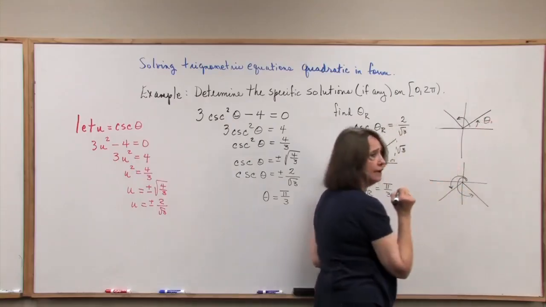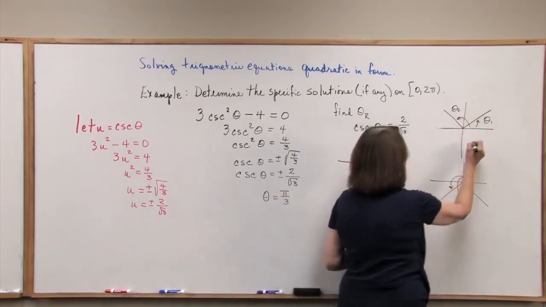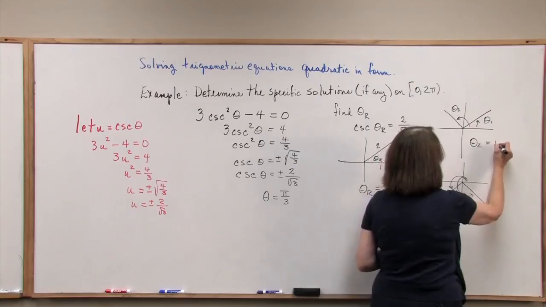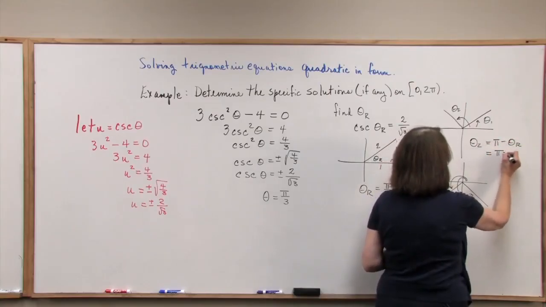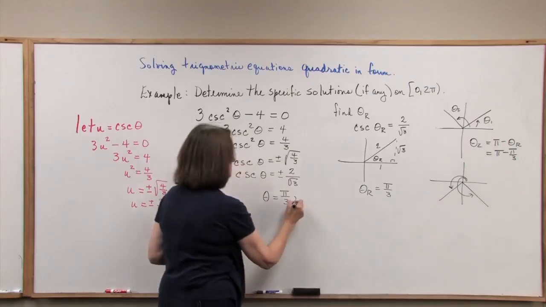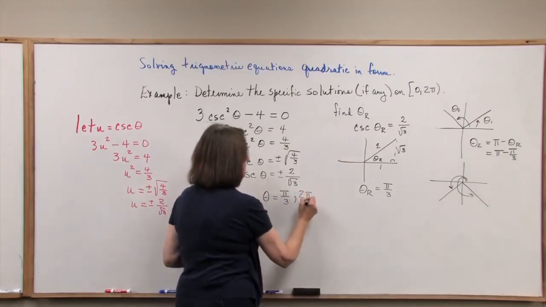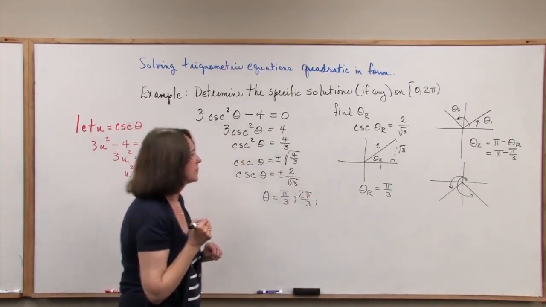Let's call it theta 1. Theta 2, our second solution, we will find by subtracting the reference angle from pi, which gives us 2 pi over 3, our second solution.